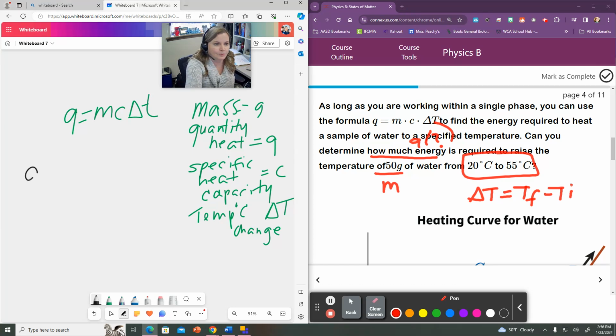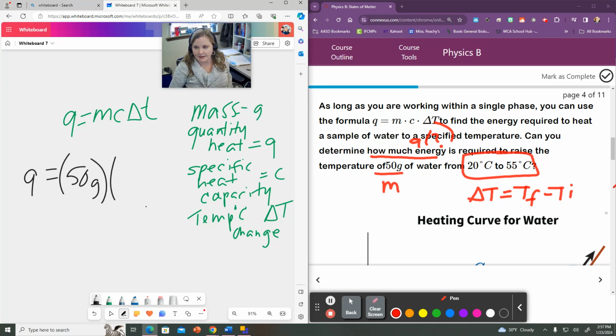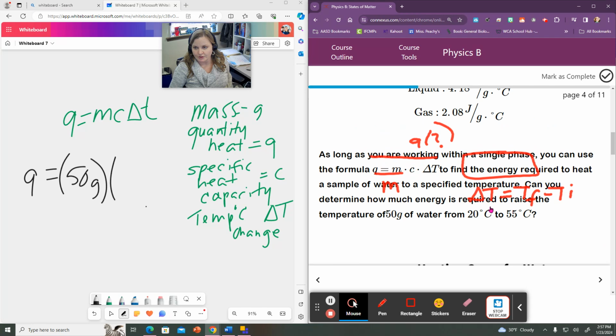So Q is equal to 50 grams. I love this whiteboard, but it likes to correct my really messy writing and make it things like triangles when it's not supposed to be. Okay. Times, what did we say the heat capacity was? I think it's 4.18.